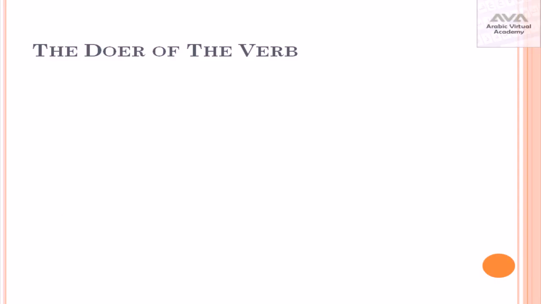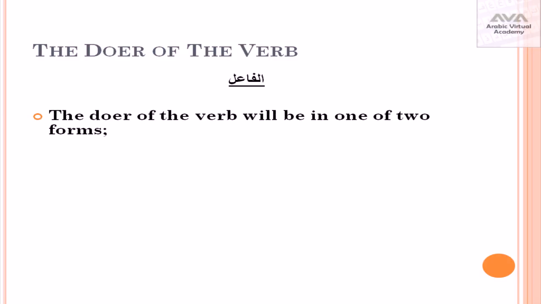As well, the second part that we said is from the asl, one of the fundamental aspects of this jumla fi'liya, is the fa'il, the doer. If you have the action, you're going to have a doer, or something that takes its place. Generally, the fa'il, or the doer of the verb, is going to be one of two things.